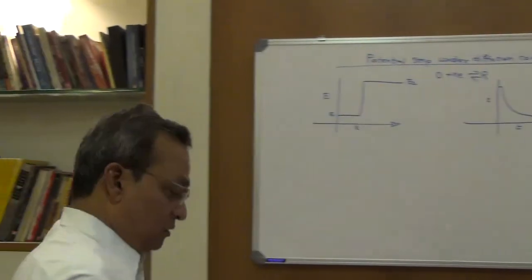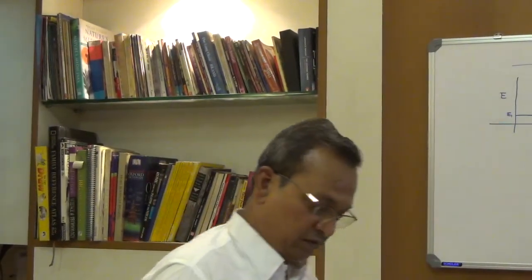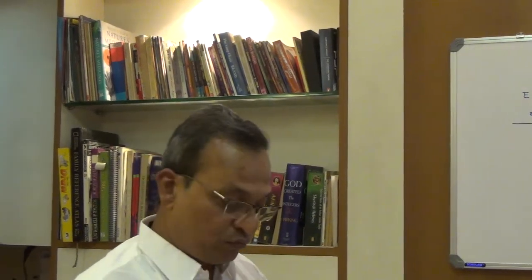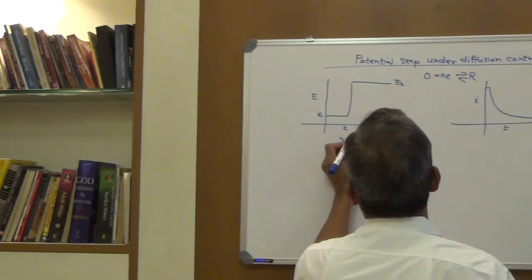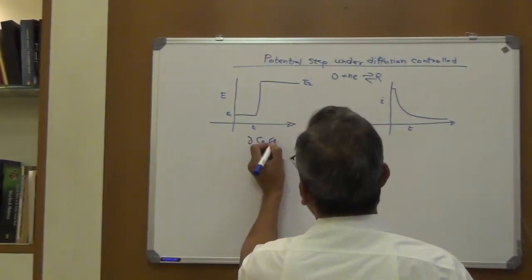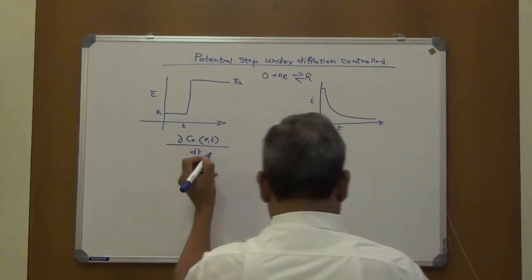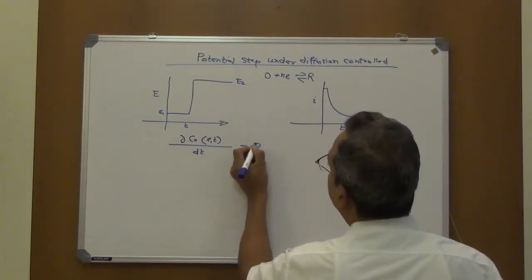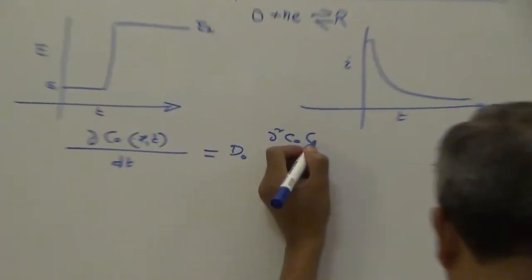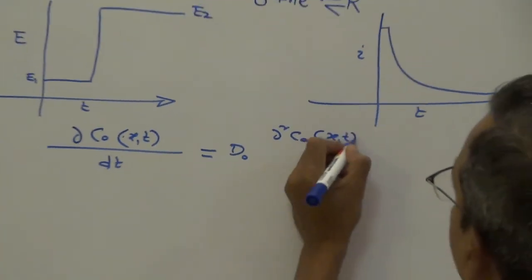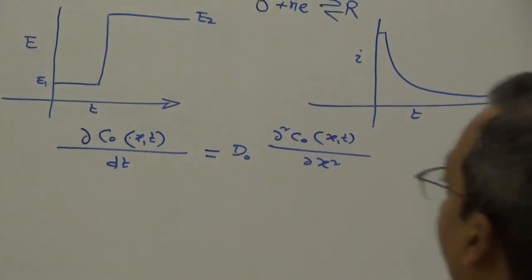And we solved the mathematics for it by applying boundary conditions to Fick's diffusion law. If you remember, this is the Fick's diffusion law equation, and we put boundary conditions.